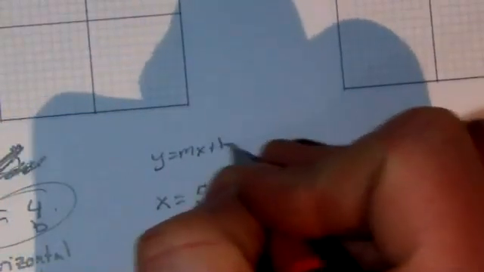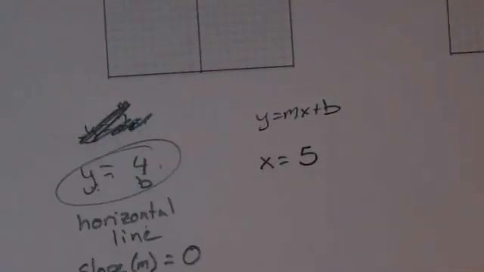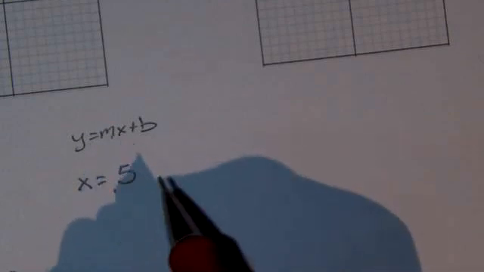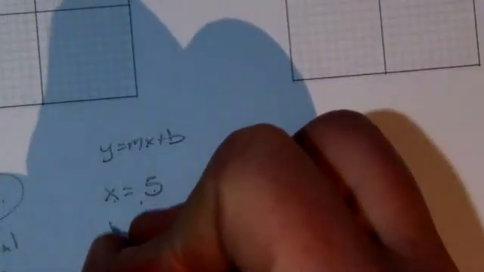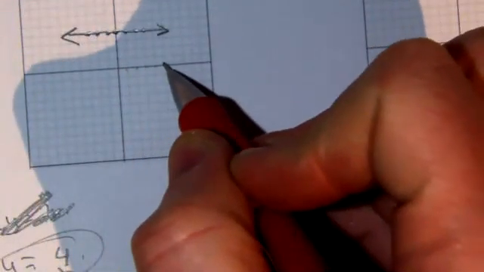Let's talk about x equals 5. Well, x equals 5 is a little different. We know slope-intercept is in the form y equals mx plus b. So we need y equals something. Well, this one has a y equals, but this one doesn't have a y. This is where things get a little tricky. So if you see x equals just a number, this is actually going to give you a vertical line at whatever the number is. So see how x is 5? Think of x-intercept. We're going to go 1, 2, 3, 4, 5.